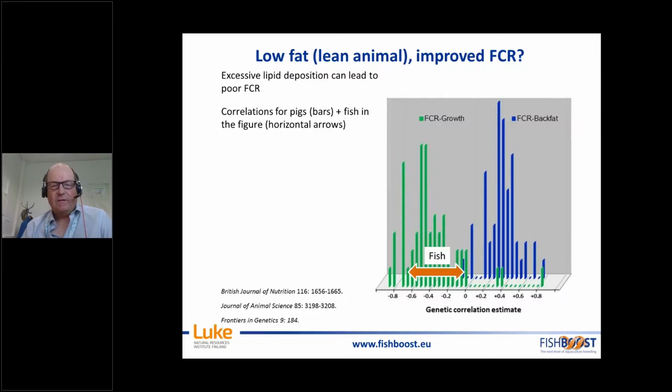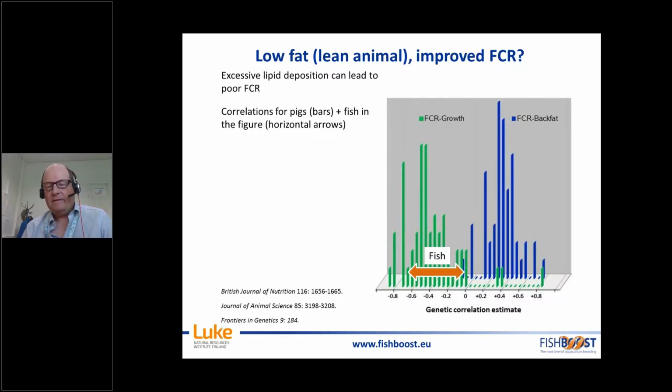So the genetic correlation between FCR and growth for pigs is shown with the green bars. They range mainly from minus 0.6 to minus 0.2. So the range is more or less the same as in the previous graph that was for fish.